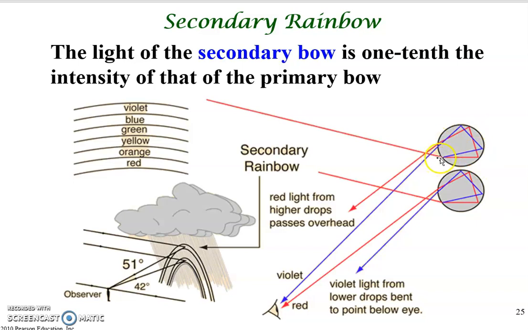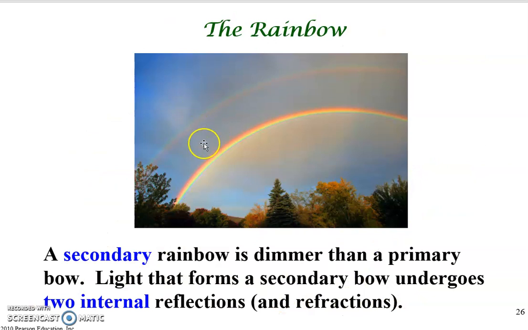And now, because of the two reflections, the water droplet at a higher altitude will give you the violet, and the water droplet at the lower altitude will give you the red color of the light. So the spectrum you are going to see for the secondary one will be in the opposite order.